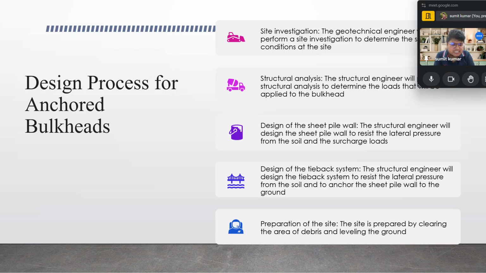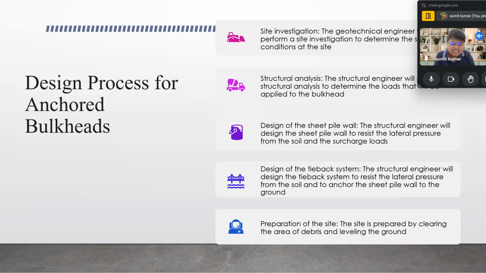In designing the tieback system, the structural engineer or professional will design it to resist the lateral pressure from the soil and to anchor the sheet pile wall to the ground. If it is not anchored, how can it sustain that much load? So that is very important. That design is one of the most important aspects in the design process of the anchor bulkhead.